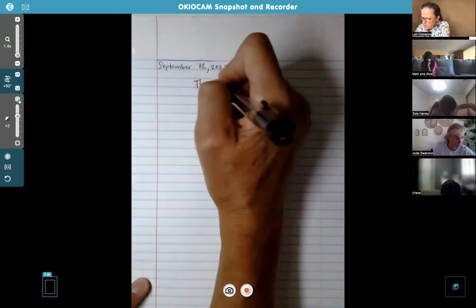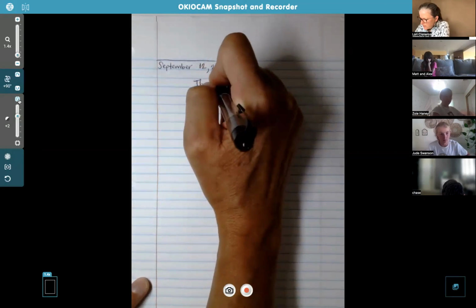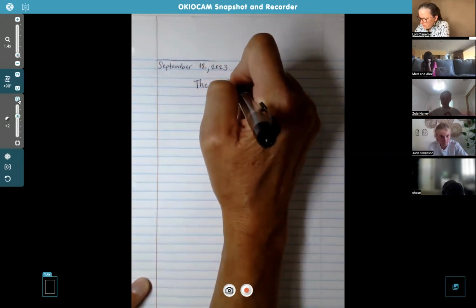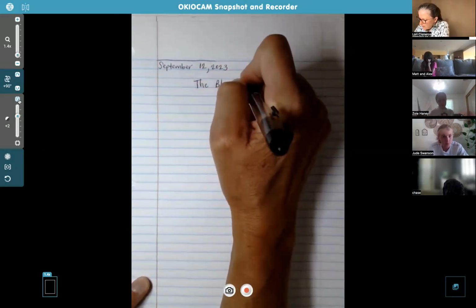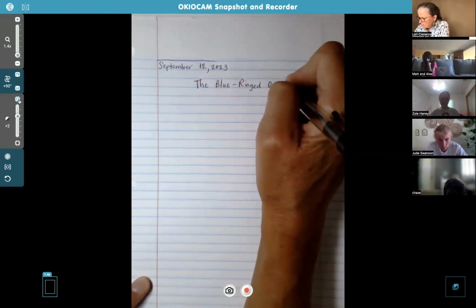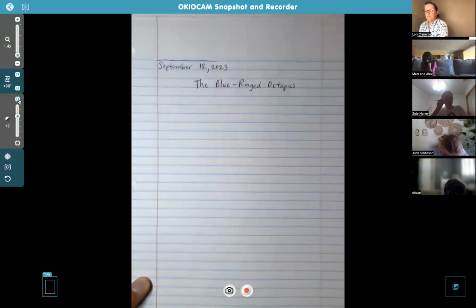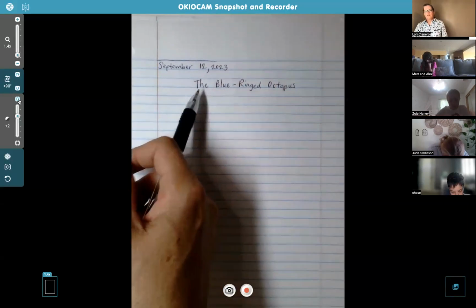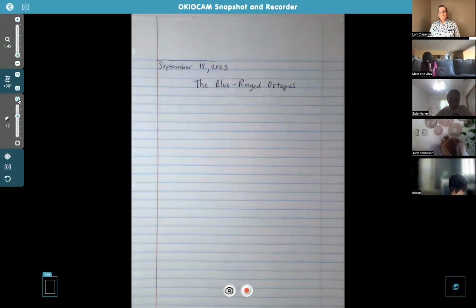It does not have to be perfectly centered, but try to get it toward the middle. Somewhere in the middle, after you skip a line, put the title of the article is the blue ringed octopus.